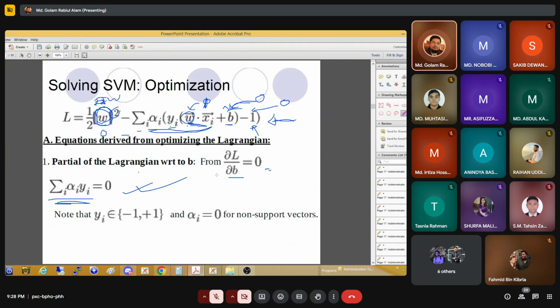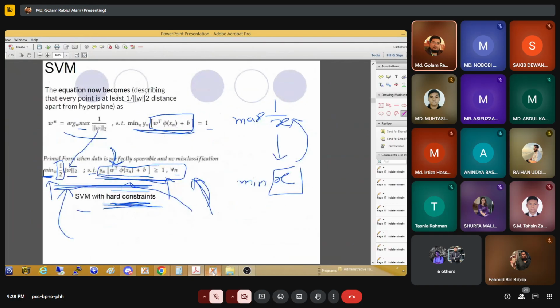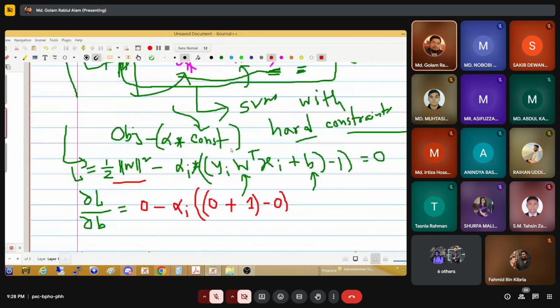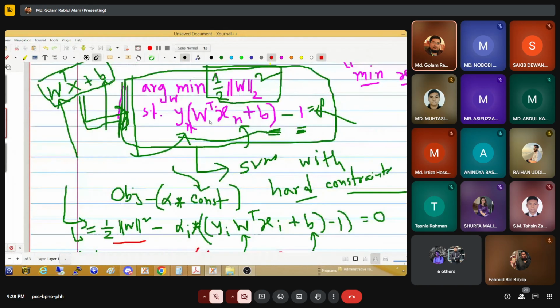Y_i (W transpose X_i plus B). Okay, so that means, W transpose X_i, yeah, one mistake. So here is Y_i (W transpose X_i plus B).